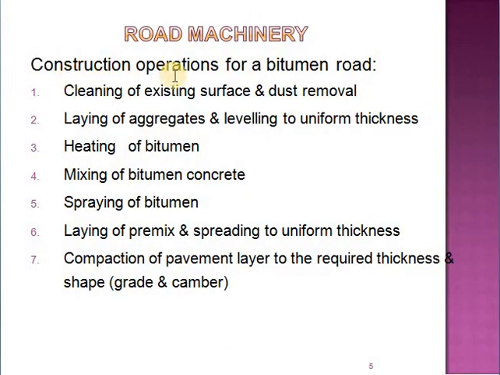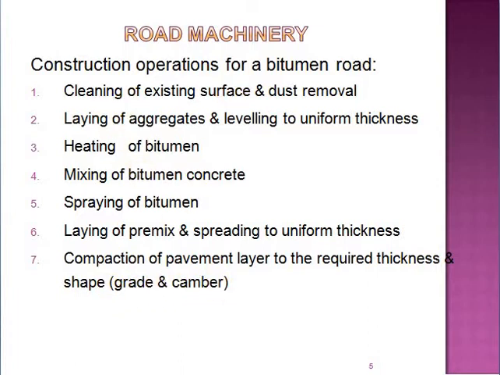So, what are the construction operations for a bitumen road? Cleaning of existing surface and dust removal, laying of aggregates and leveling to uniform thickness, heating of bitumen, mixing of bitumen concrete, spraying of bitumen, laying of premix and spreading to uniform thickness, compaction of pavement layer to the required thickness and shape, grade and camber.